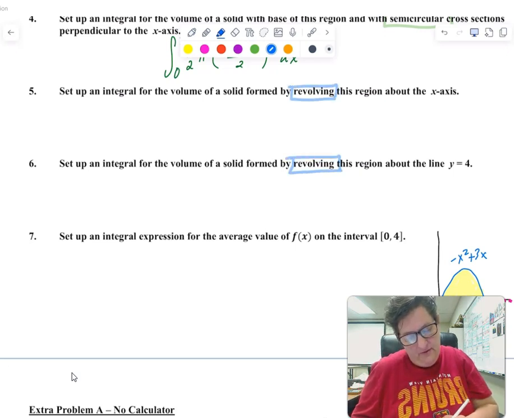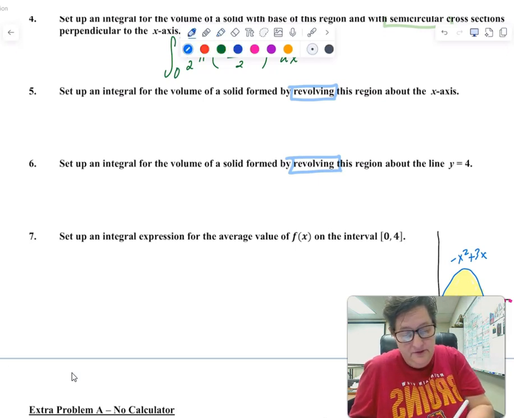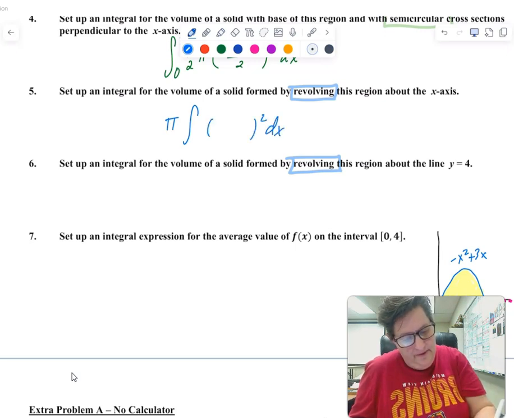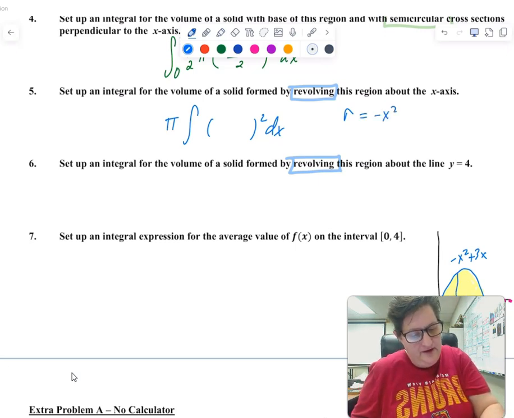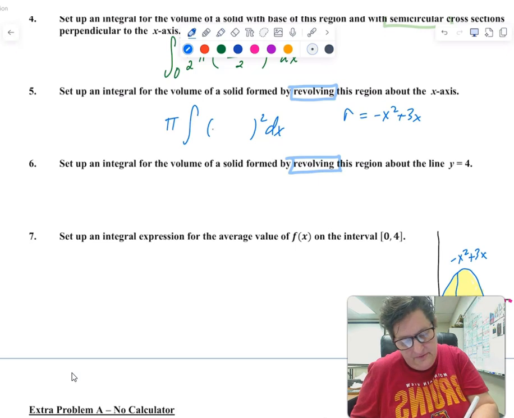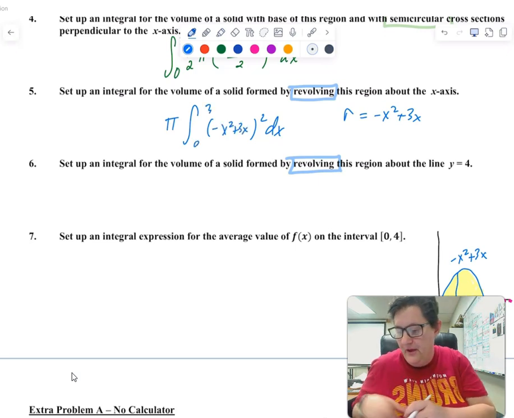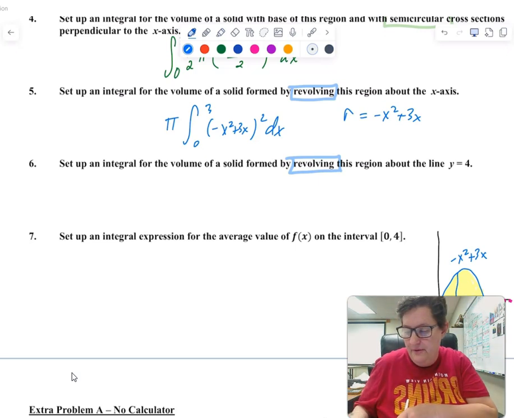Anything about revolving is pi radius squared. You can put the pi on the inside or the outside, doesn't matter. Pi r squared. This one we just have a single r, and it's negative x squared plus 3x. So that's what I'm going to put in here, still going 0 to 3. It's just pi r squared.